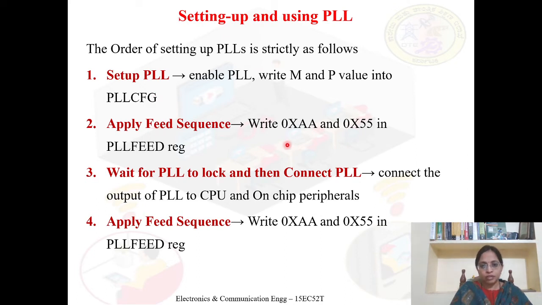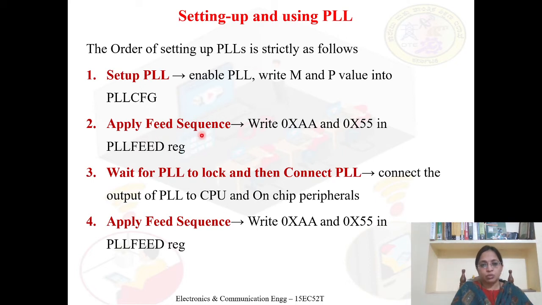That is, we have to write two hexadecimal values: the first one is AAH and the second one is 55H. These two hexadecimal numbers should be written into a register. That register is called the PLL feed register.